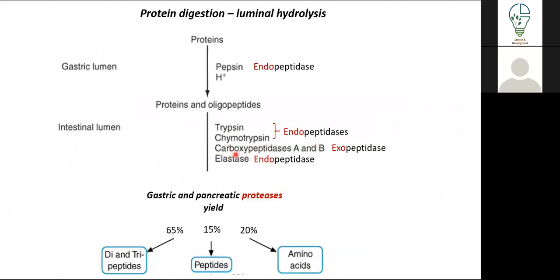That's what an endopeptidase is. A carboxypeptidase will leave you with just one amino acid because it's an exopeptidase, and it breaks the peptide at the carboxyl end. After all the gastric and pancreatic juices are done, you have a lot of di- and tripeptides, because trypsin and chymotrypsin act much more than carboxypeptidases, some amino acids, and very little peptides. So that's the luminal protein digestion.